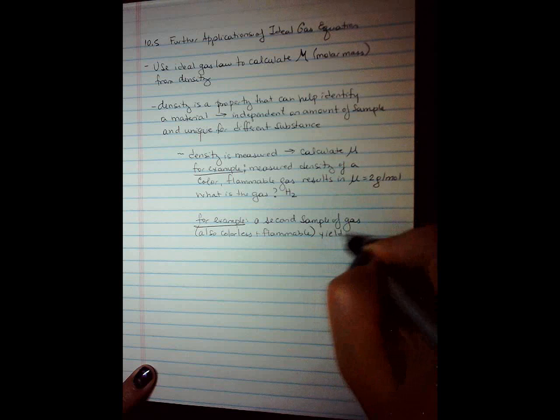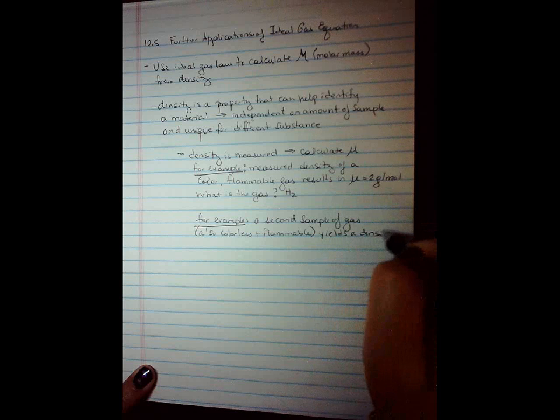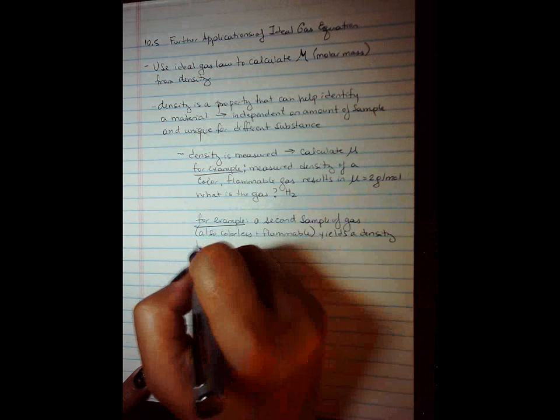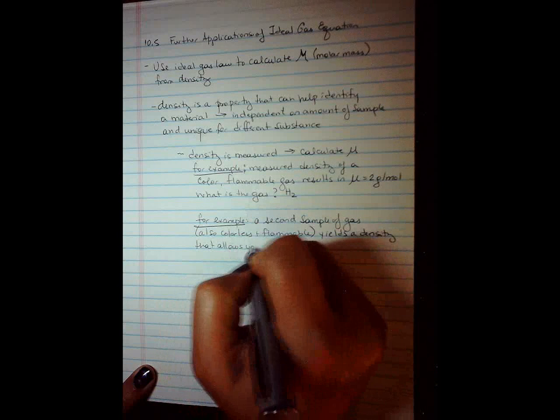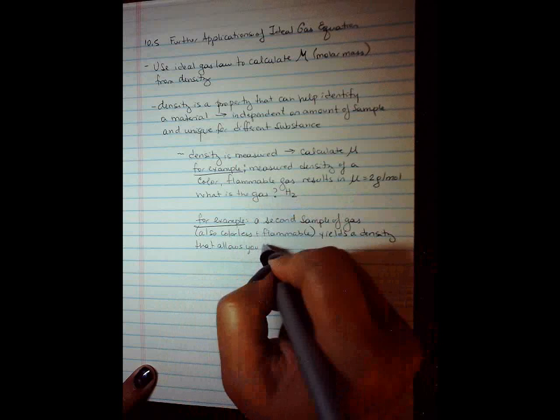It yields a density that allows you to calculate a molar mass of 32 grams per mole.